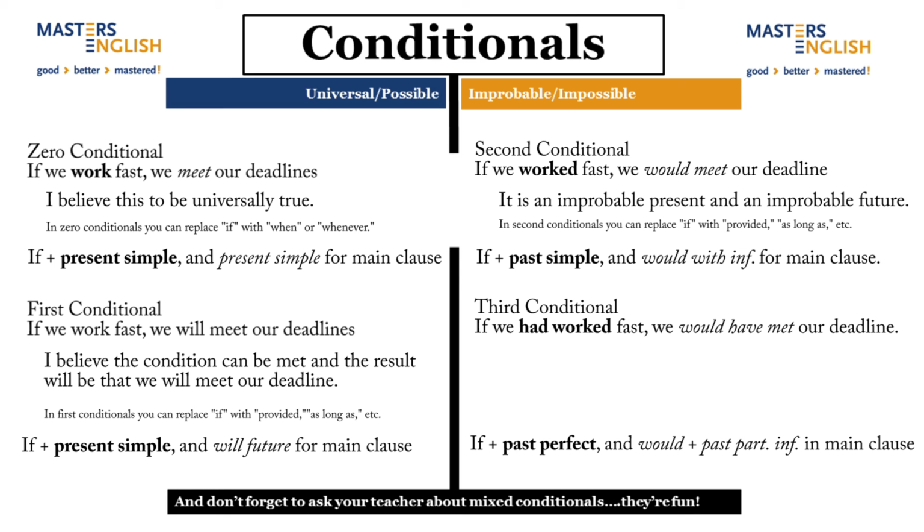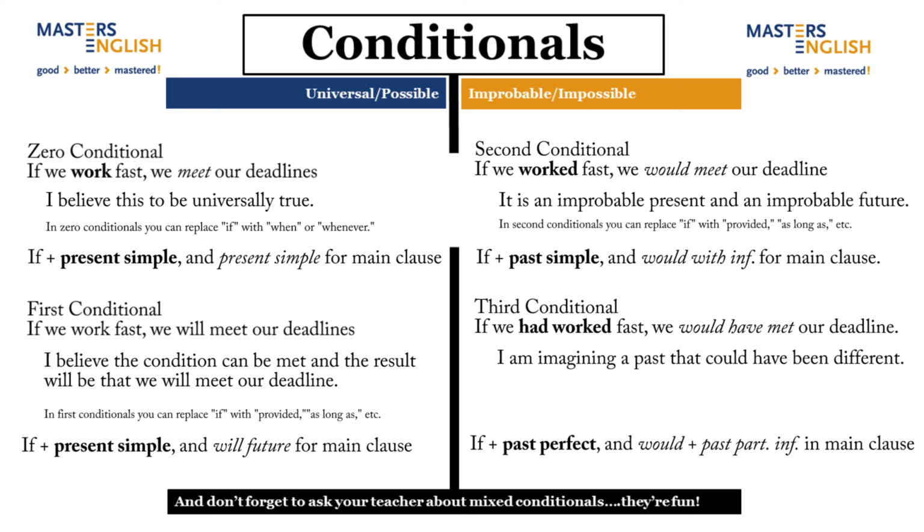If we had worked fast, we would have met our deadline. Now, in this case, I'm imagining a different situation in the past, which is by definition impossible. You can't go back into the past and change things. So this third conditional marks really an impossible situation.